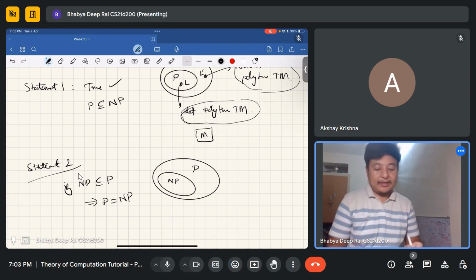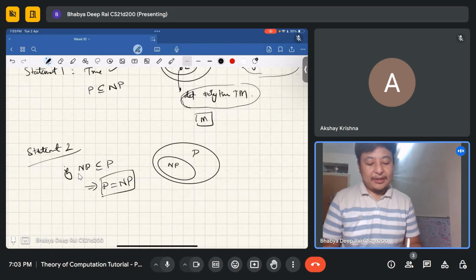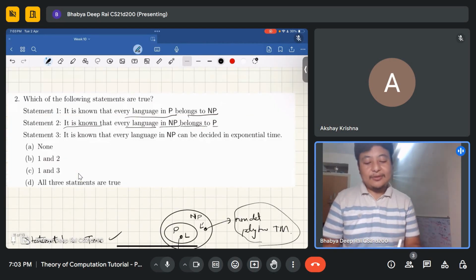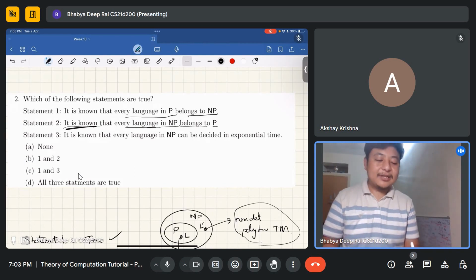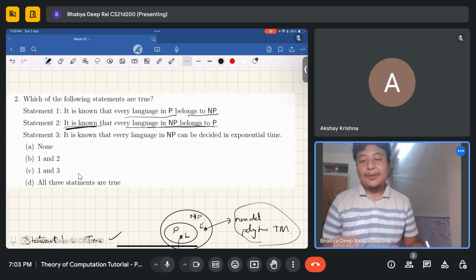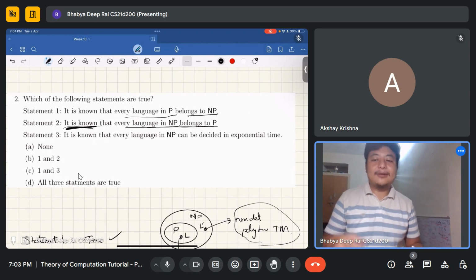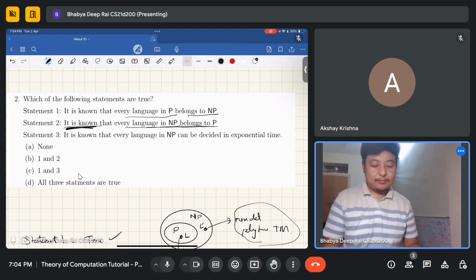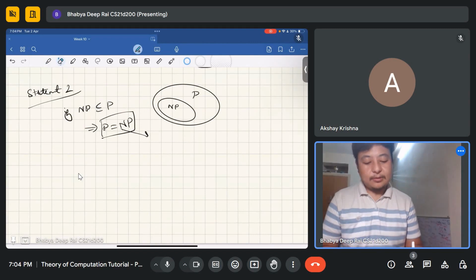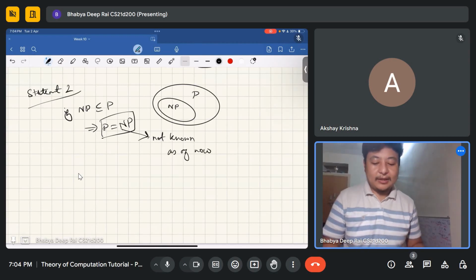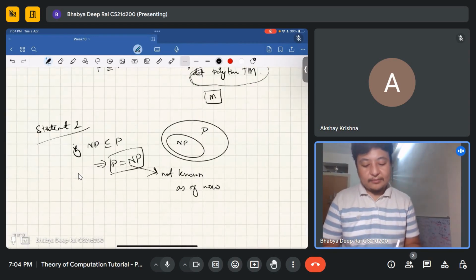Then this conjecture would be solved. It's not saying that it's incorrect, because it may be correct. We don't know. But the fact that it is claimed to be known makes statement 2 false. It is not known as of now. So statement 2 is false.